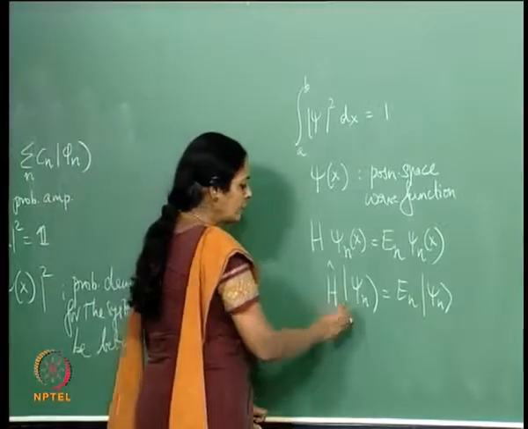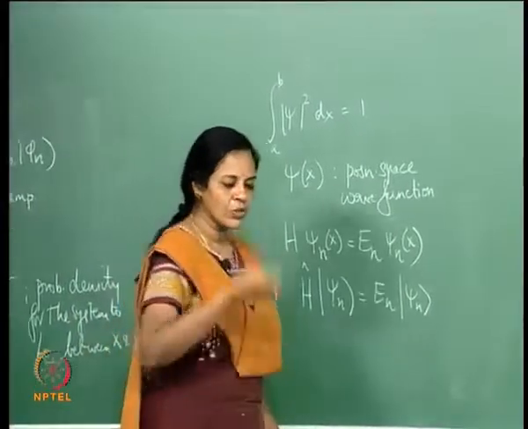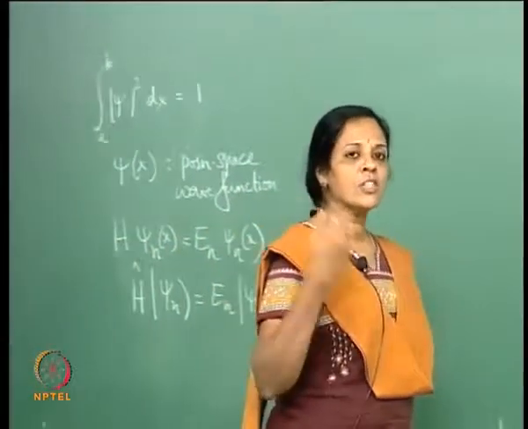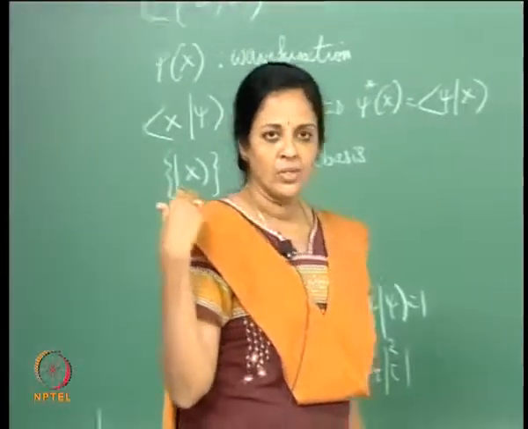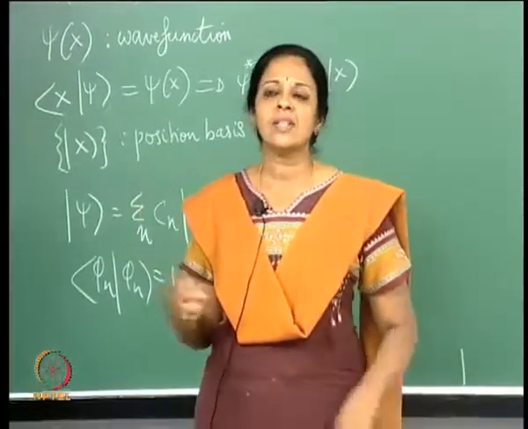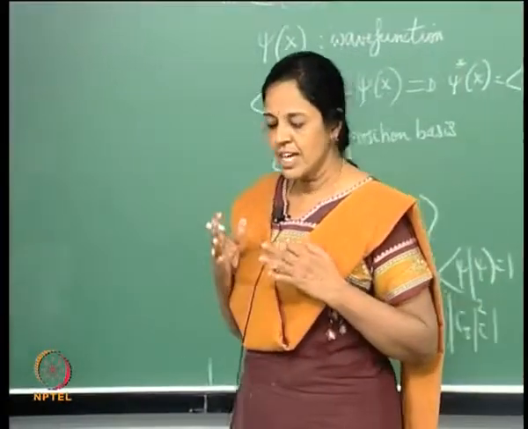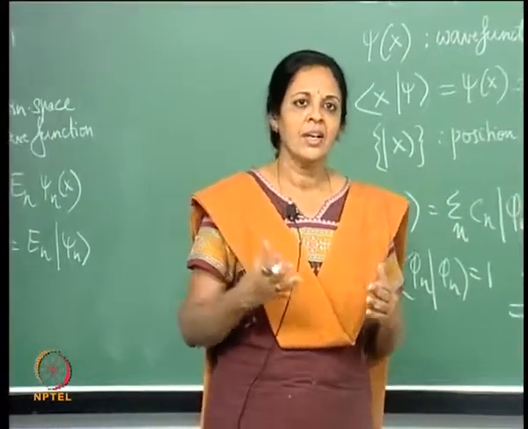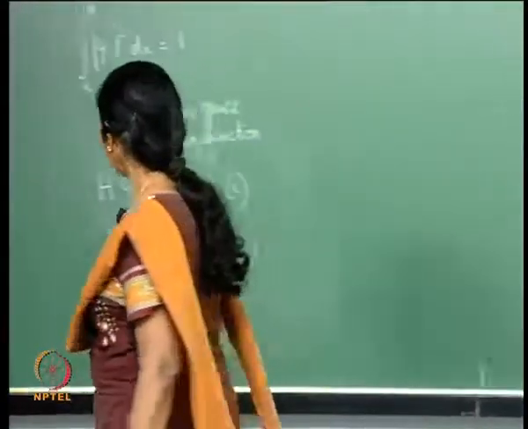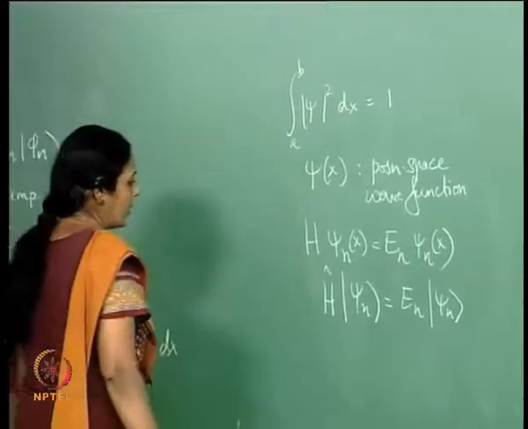The reason why I have used a discrete index n is because I am assuming that the Hilbert space in which I am working out this problem is a separable Hilbert space, and that indeed there is an infinite set of eigenstates, and it is a denumerable infinity, and that is why I use a discrete index n here.